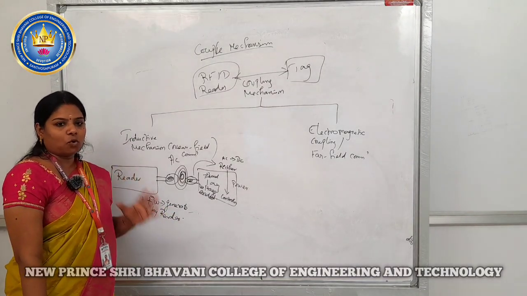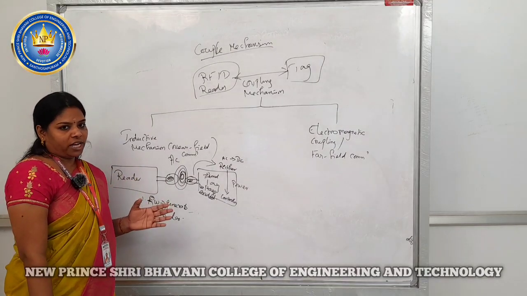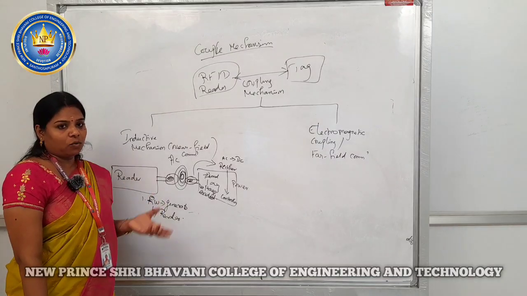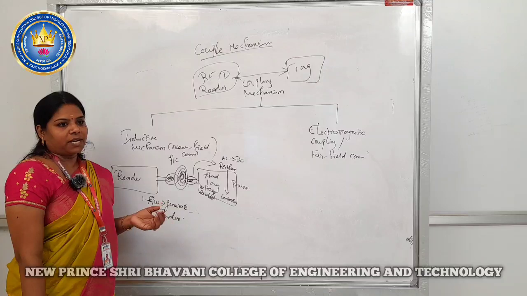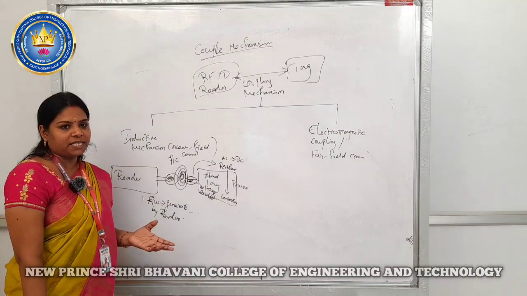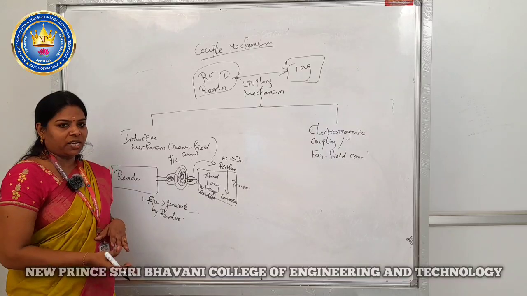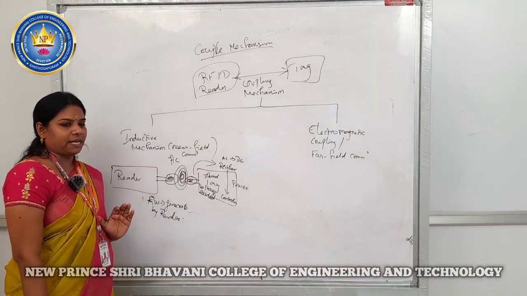By means of load modulation we can increase the magnitude of the voltage level. How can we modify the load? By impedance matching. By mismatching the impedance we can change the level of the load, which in turn changes the magnitude of the voltage. That is called the inductive mechanism.